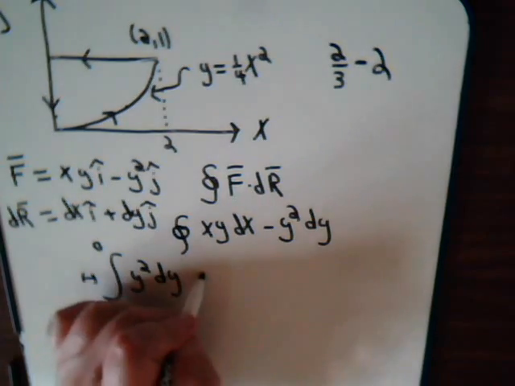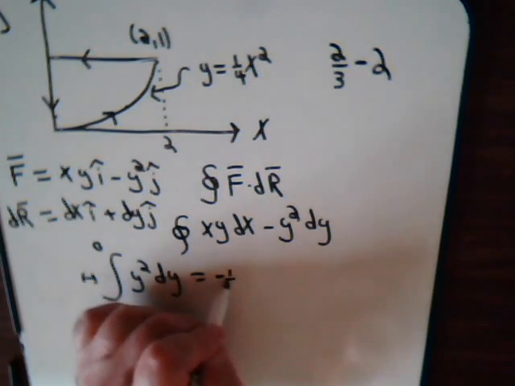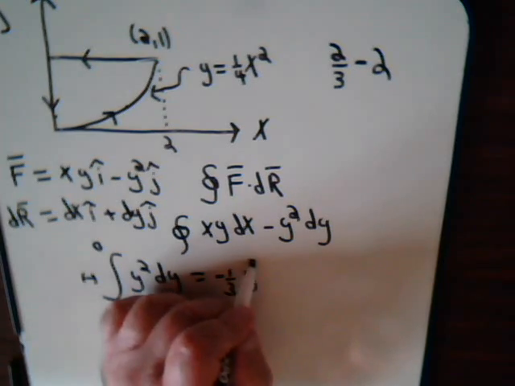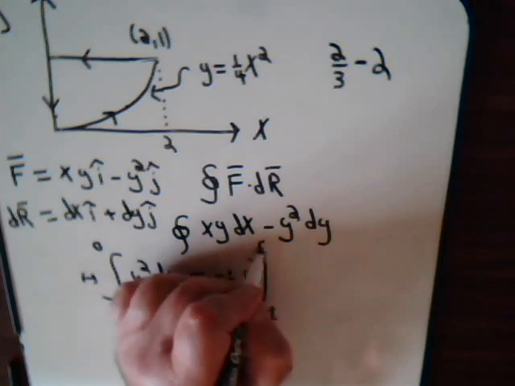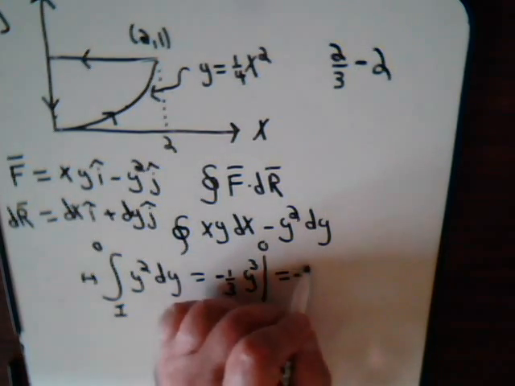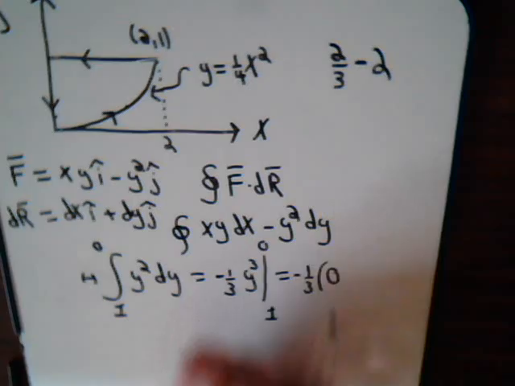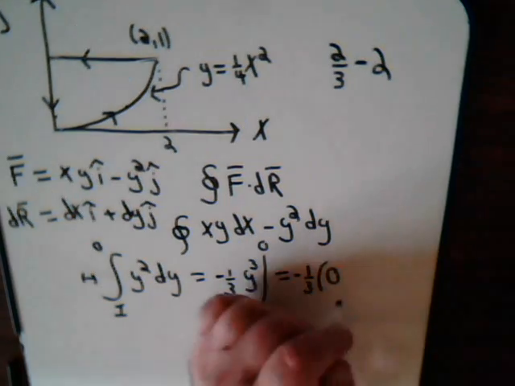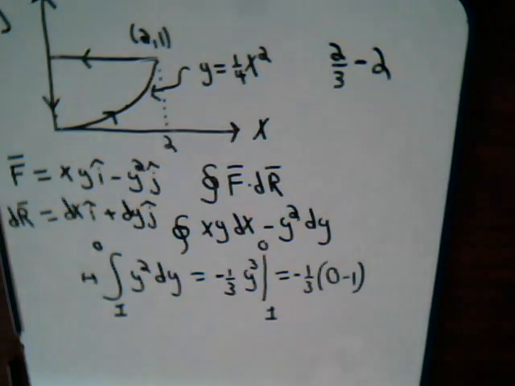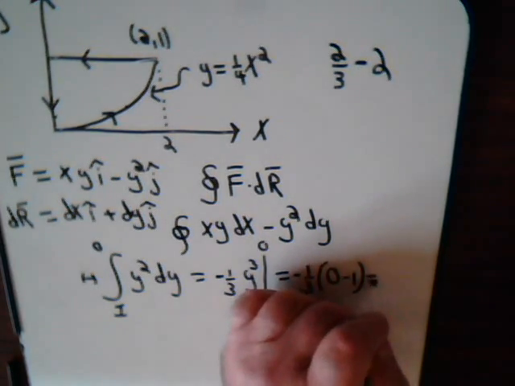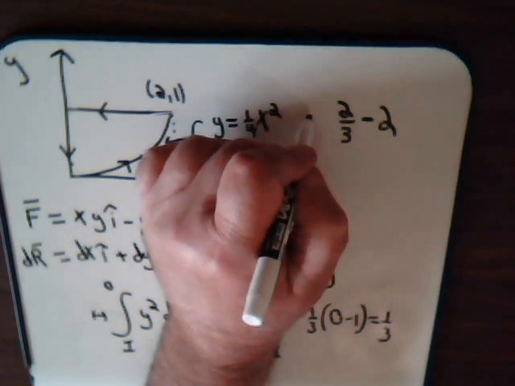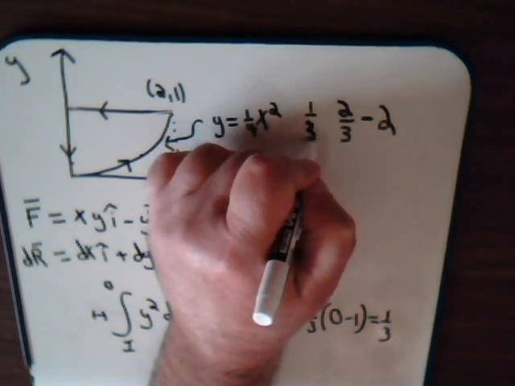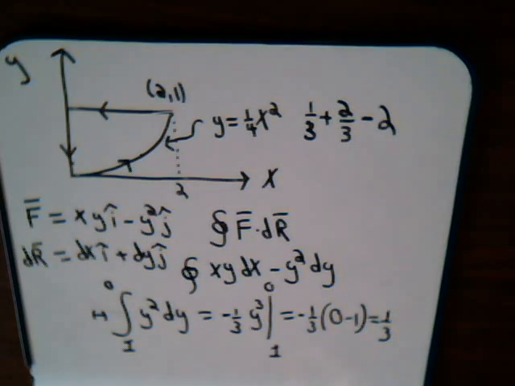So this will be equal to minus 1/3 y cubed from 1 to 0. So this equals minus 1/3 times 0 minus 1 cubed, 1 cubed is 1. So that's plus 1/3. So we have 1/3 plus 2/3 minus 2. That's minus 1.